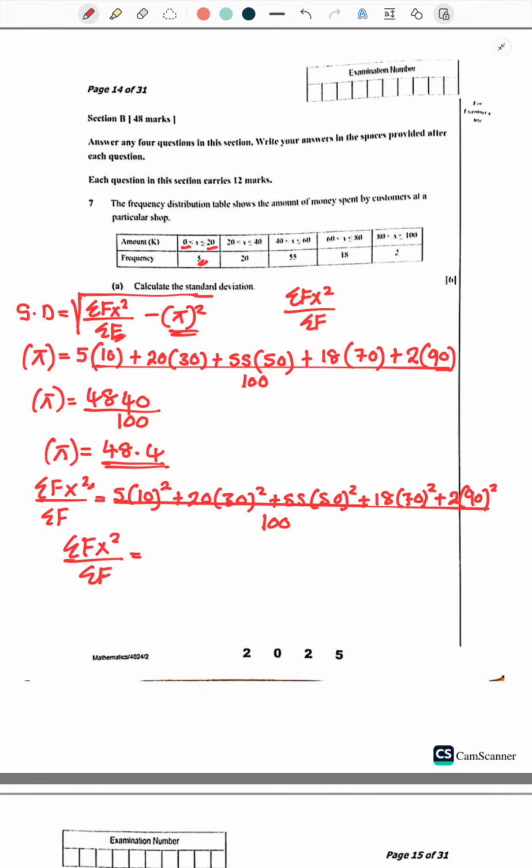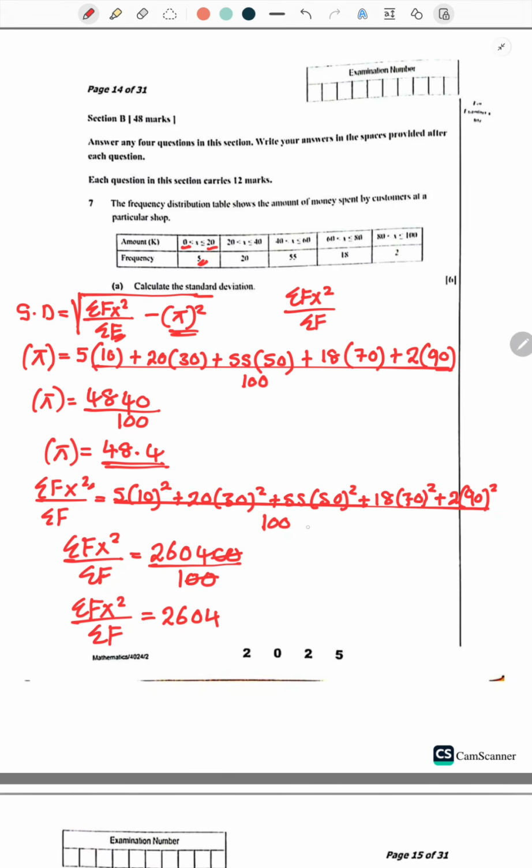I've punched everything at the same time. Then I'm getting 260400 over 100. So I can cancel this side and this side. You're going to remain with 2604.